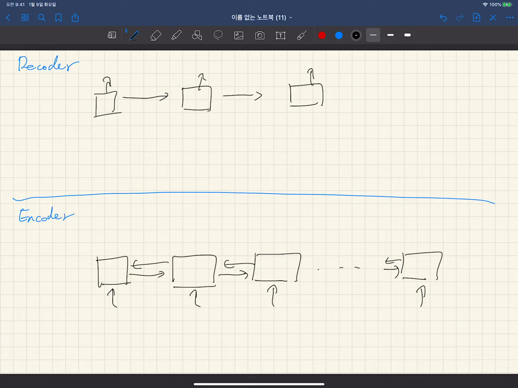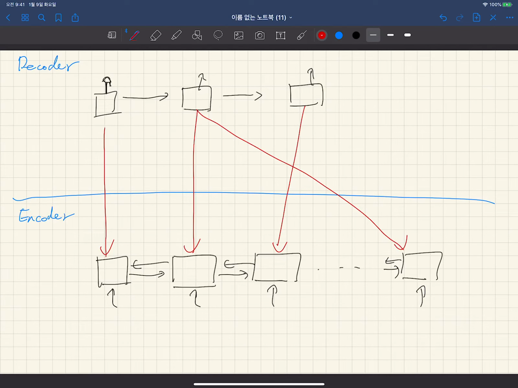Okay, when you generate the output at each time step, you have to look at the input information. Sometimes the first word of the English sentence is very important. Sometimes the second and last words are very important.